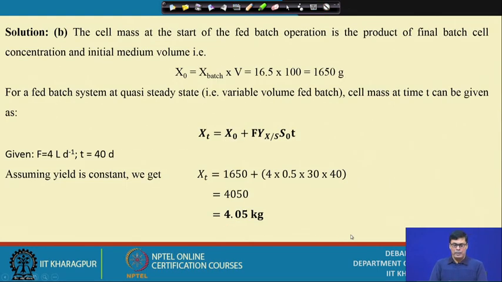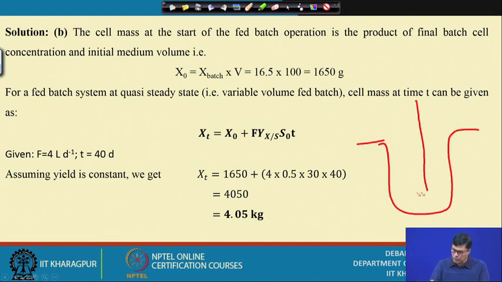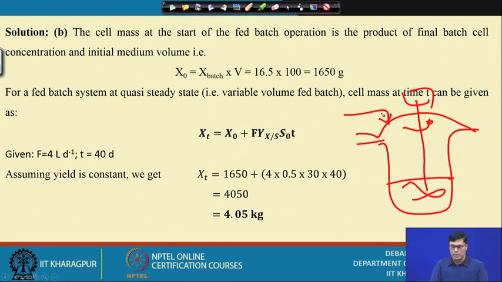Next, I hope you remember that initially we operated in batch mode. This is the batch mode. Now this reactor we are continuously feeding. This is the strategy that we have.